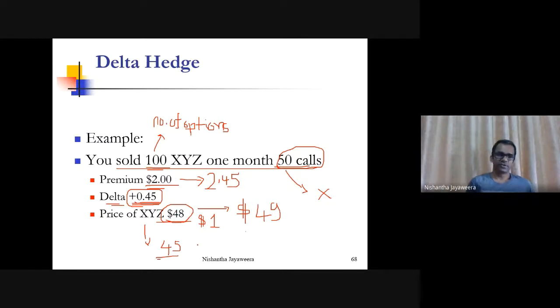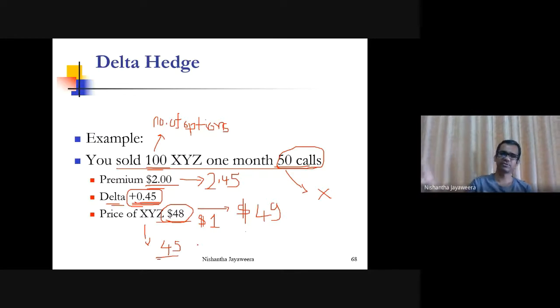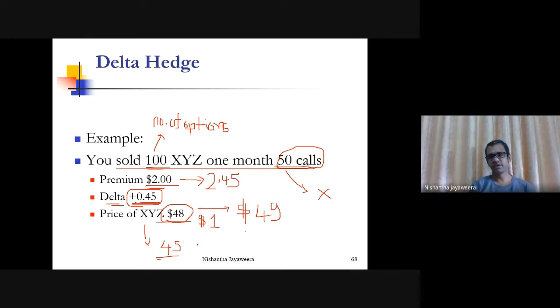Will you make a profit or loss on the stock? You have bought 45 stocks on XYZ when the price was at 48. Now the price moves to 49. Will you make a profit or loss?